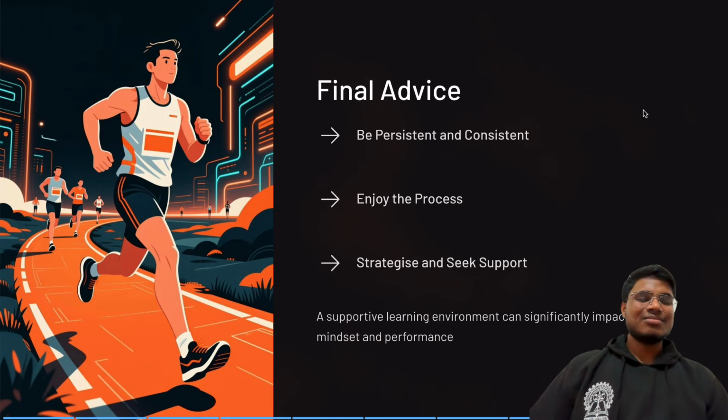Mid-sems coming, end sems coming, PPT is there, and what is not there, everything is there. From all these things, we get too overwhelmed and too pressurized. What should we do? At that time, if you have a good friend with whom you can share your dukh dard, that will be very good for you.